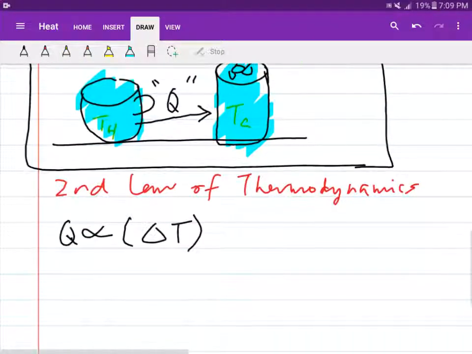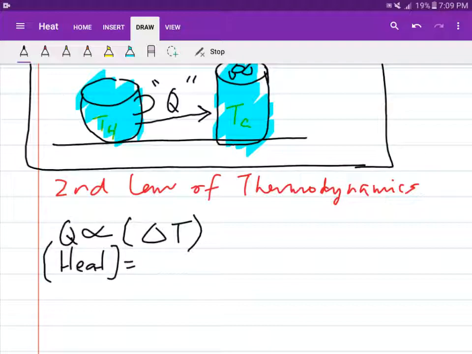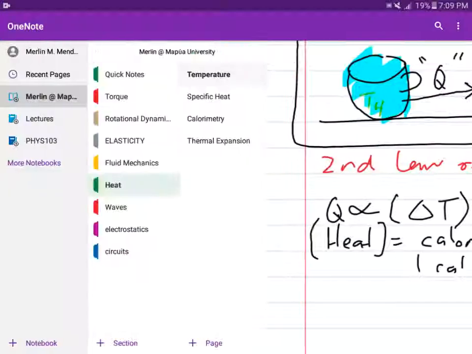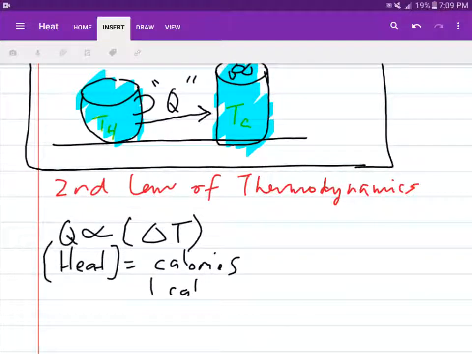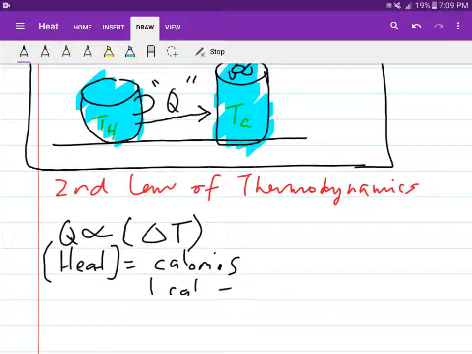So heat is measured in calories. And 1 calorie is equal to 4.1868 joules.